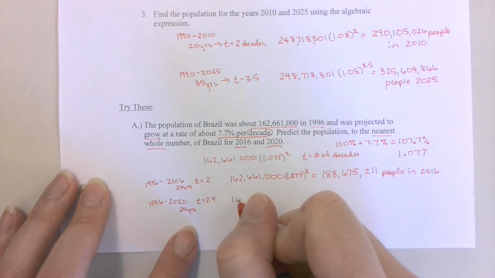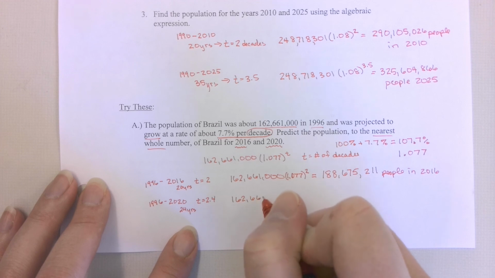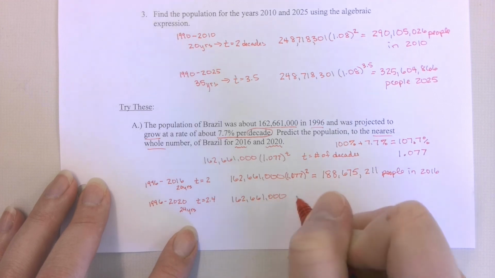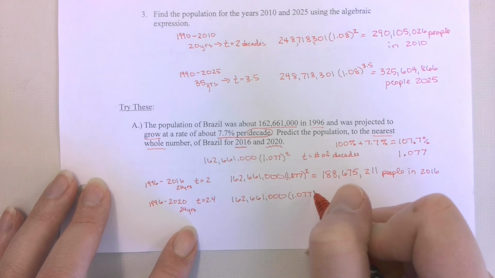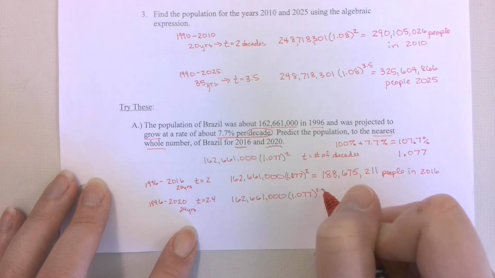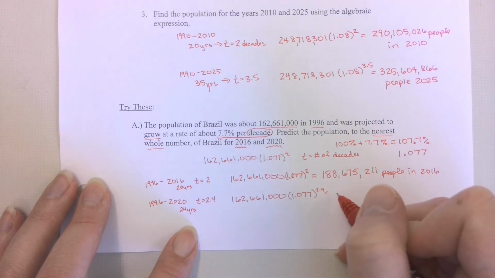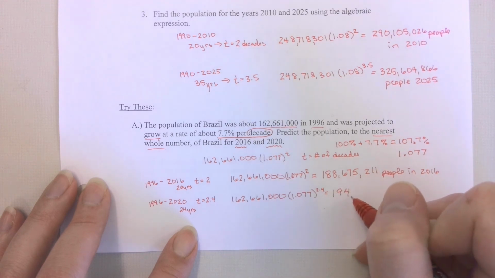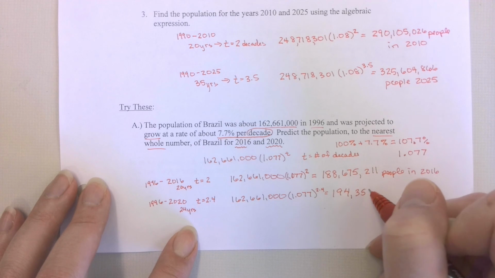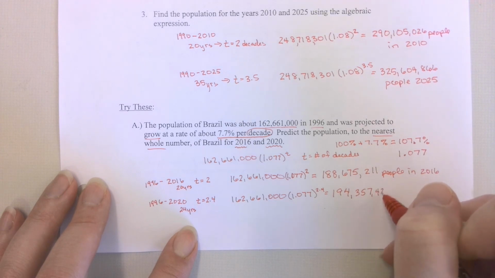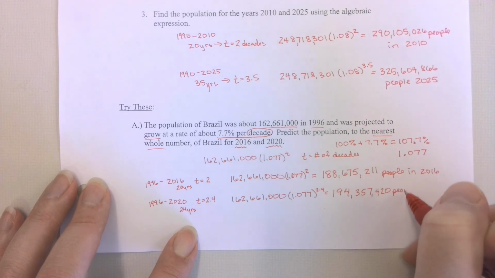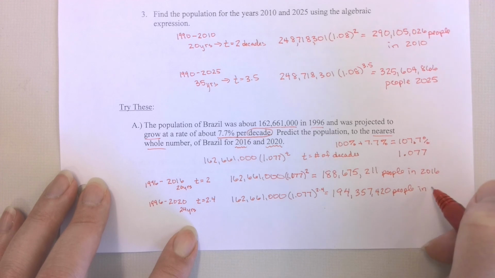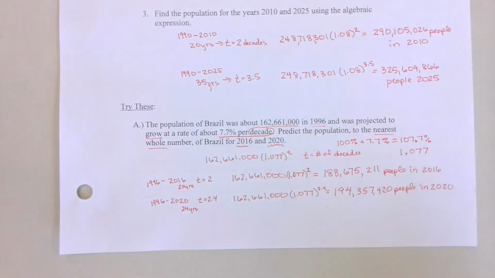And so again, we're going to write out that initial population times our multiplier from the 7.7% to the power of 2.4, as it's 24 years, 2.4 decades. We get a grand total of 194,357,420 people, and this is in the year 2020. So there's another population problem.